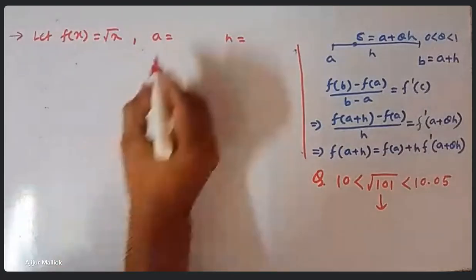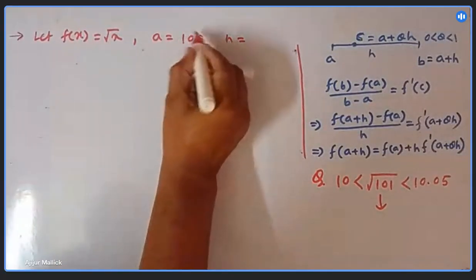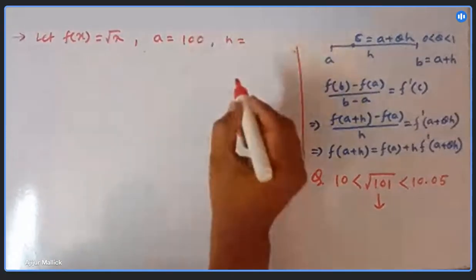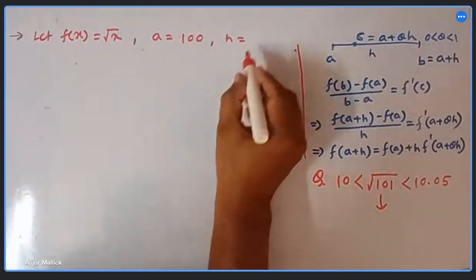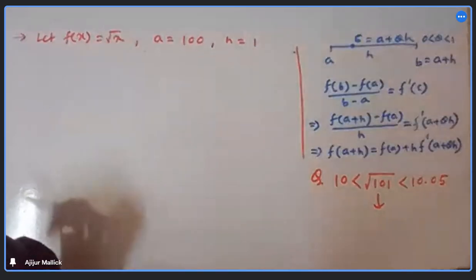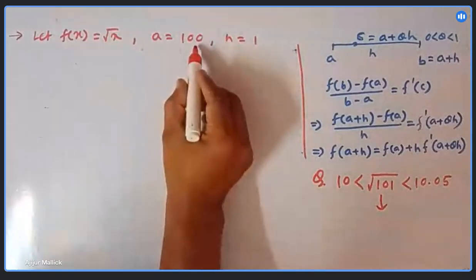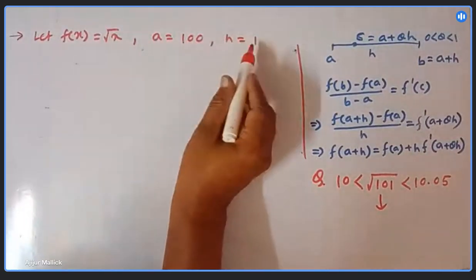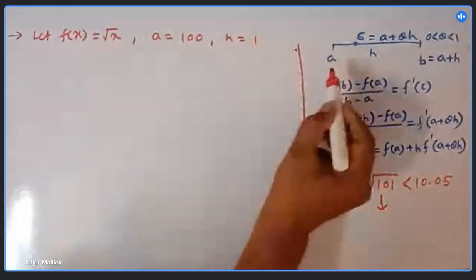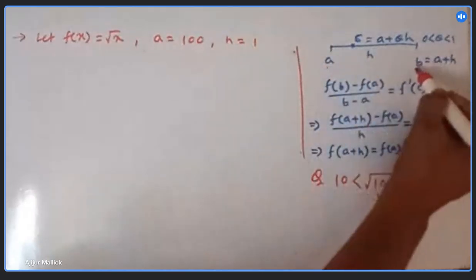Very good. And h will be 1. Very good. So the interval here is 100 to 101.